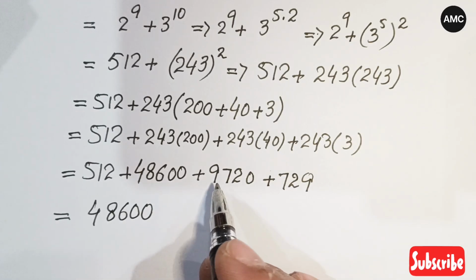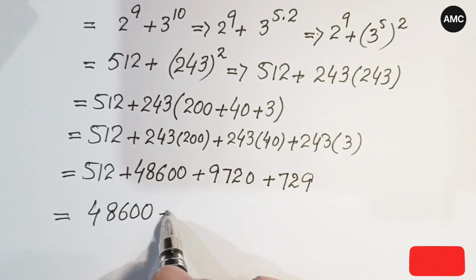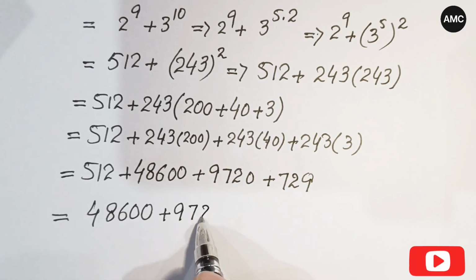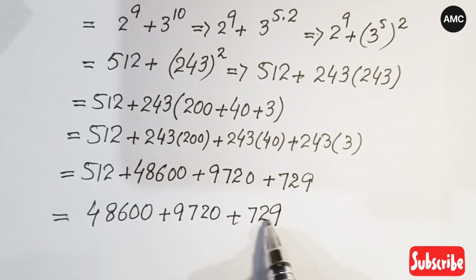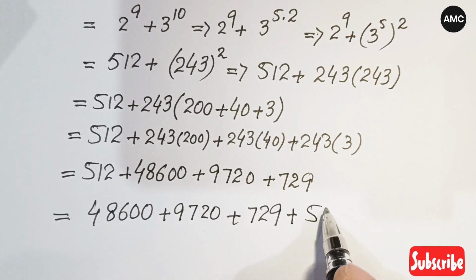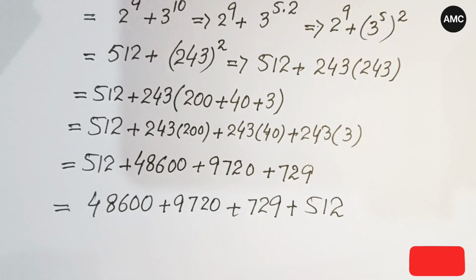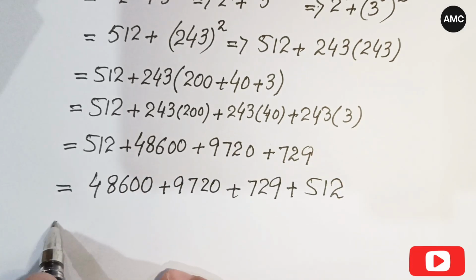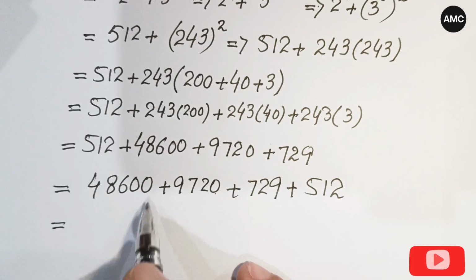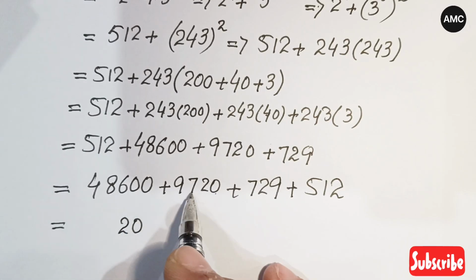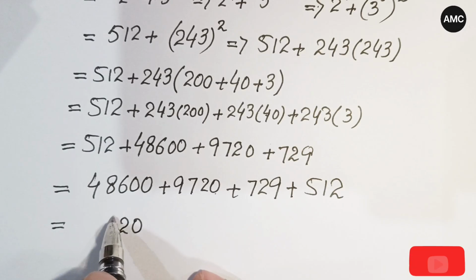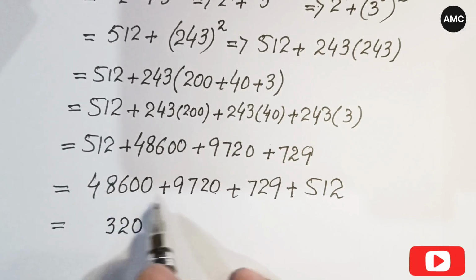Next, here if we just rearrange this, 48600. So sorry, here we have plus 9720, and it is plus 729, and then plus 512. Now adding these, we get 0 plus 0, which is 0, 2 plus 0 is 2, 7 plus 6 is 13, and we just write here 3, 1 carry.